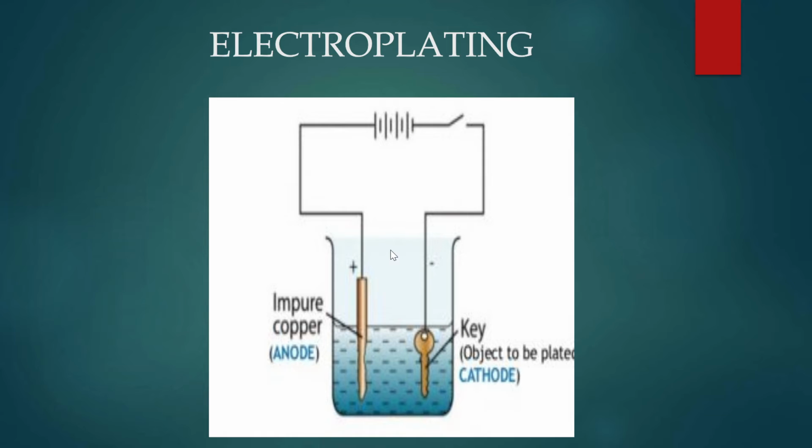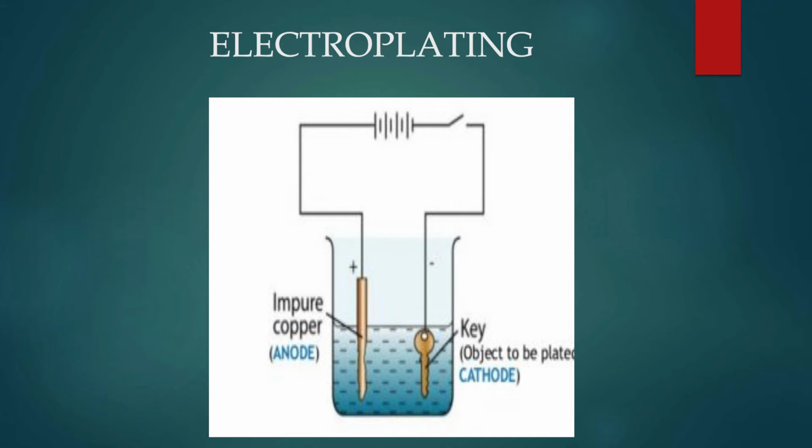Okay, so we are dissolving copper sulfate crystals in water and preparing a concentrated solution. We are taking that solution in a glass beaker and adding a few drops of acid so that it conducts very fast.